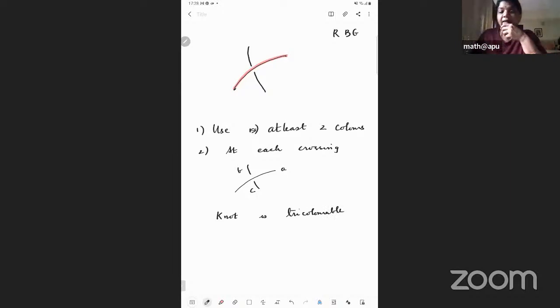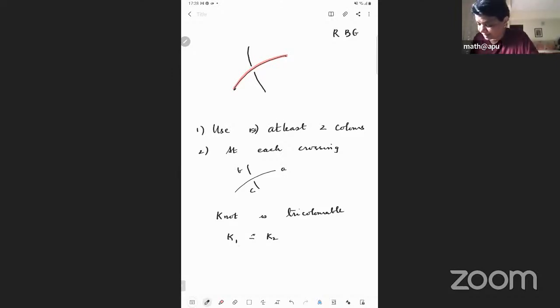And we can show that if K1 and K2 are equivalent, then either they are both tricolorable or they are both not tricolorable. Right?